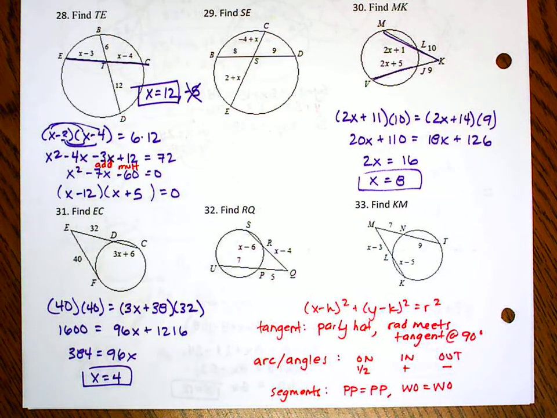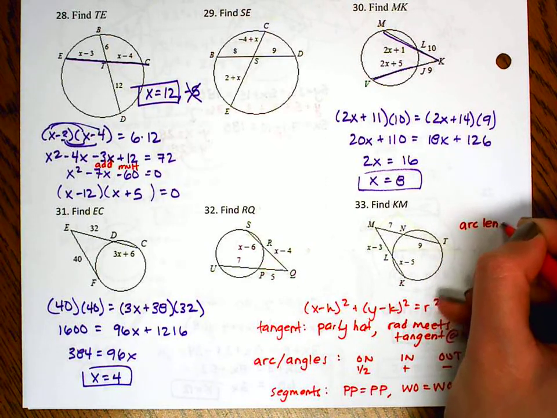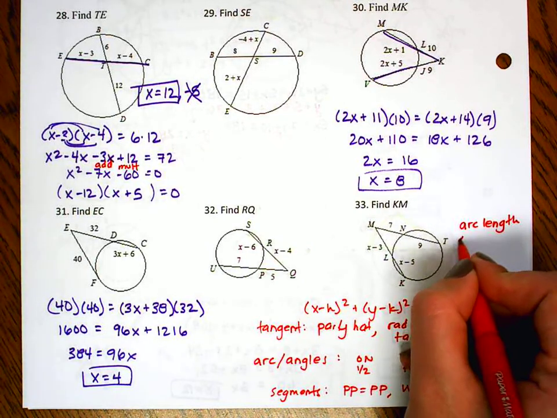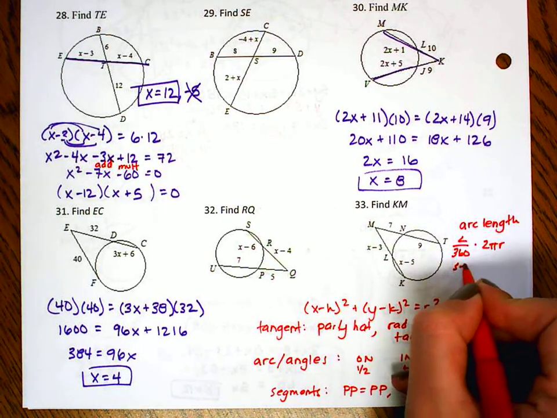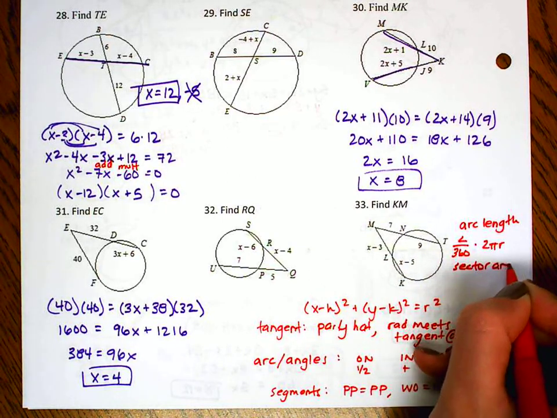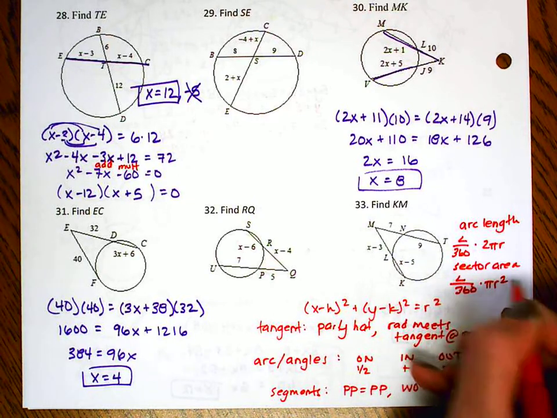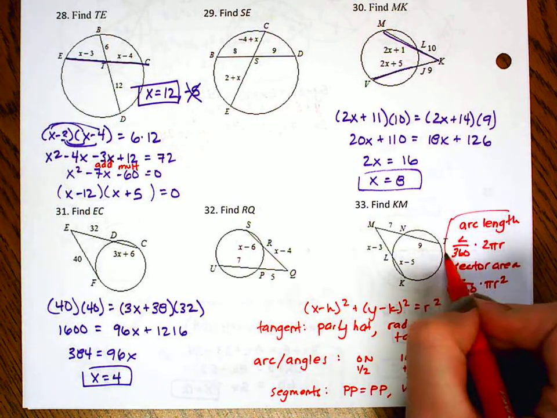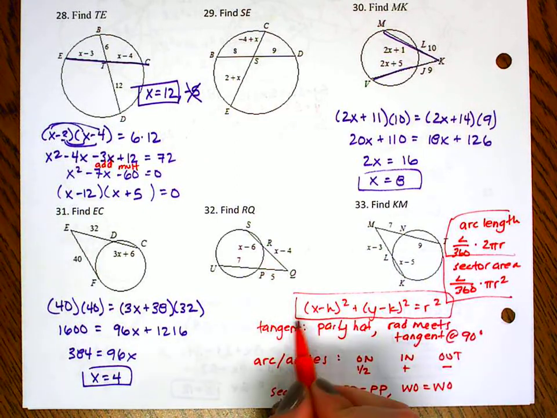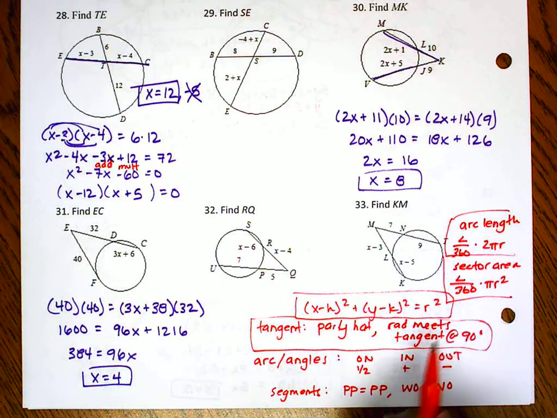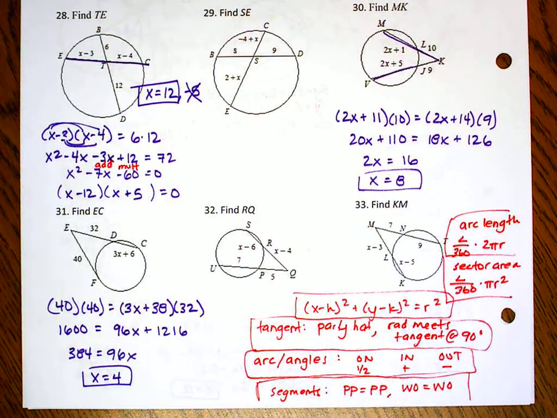Okay, we've got arc length, that's a fraction of your circumference. And then we also have sector area, which is a fraction of your area. So we've got arc length, sector area, the equation of a circle, some tangent rules, some arc and angle rules, and some segment rules.